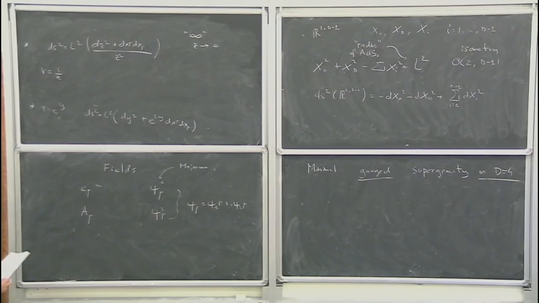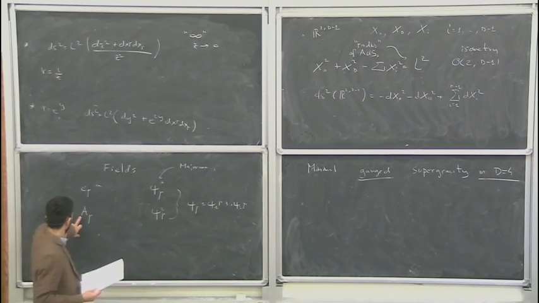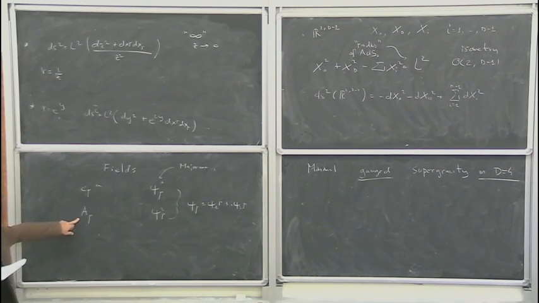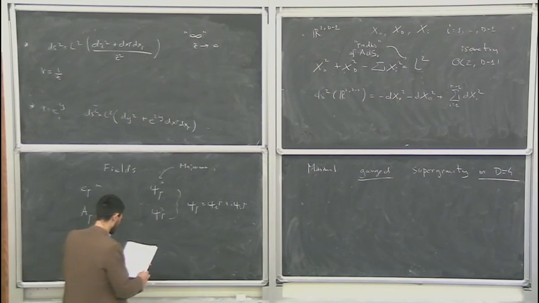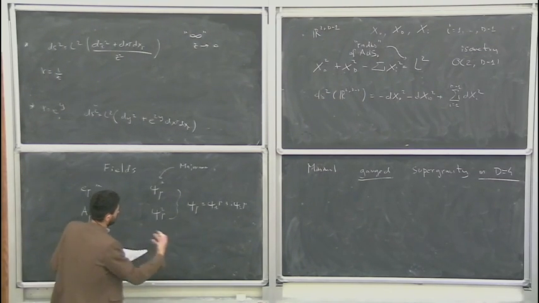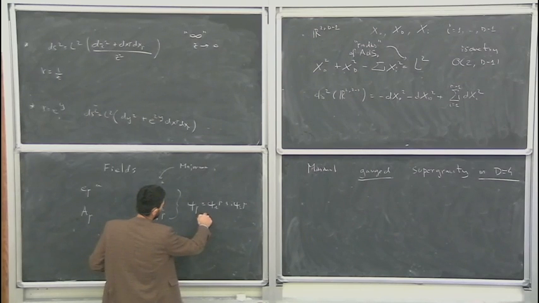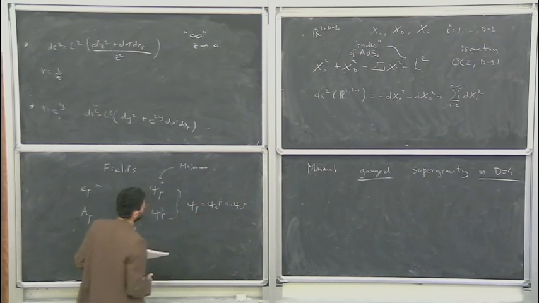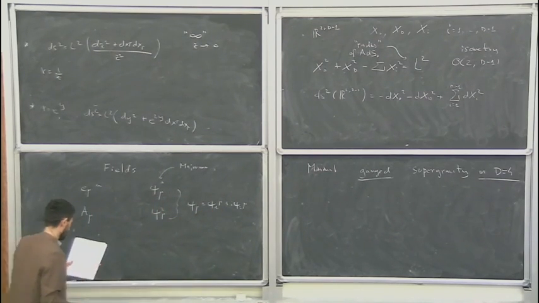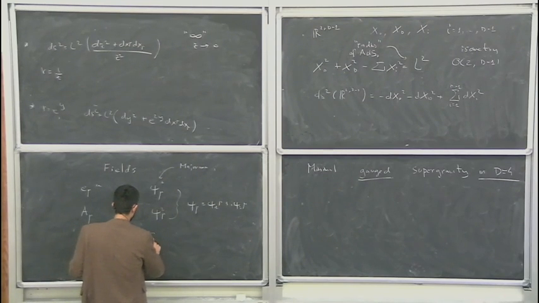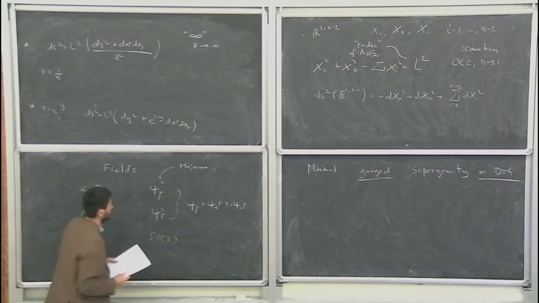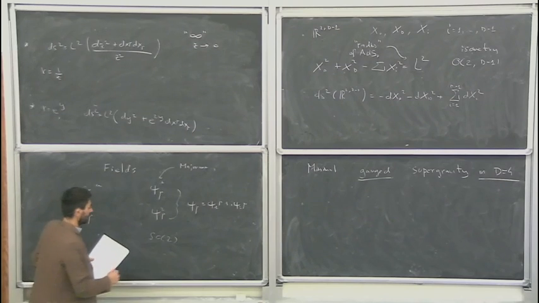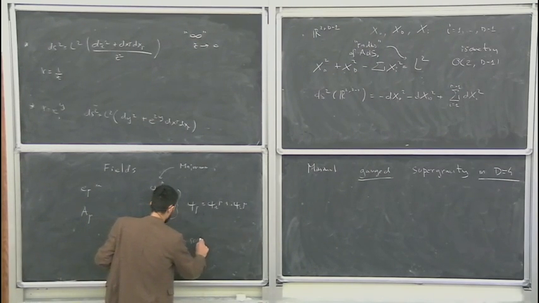And what about the gauging? Well, this is a gauge field, but what is it gauging in this case? It is gauging the symmetry which is given by acting on the gravitino, which is an SO(2) that rotates these two gravitini, which is the same as U(1).